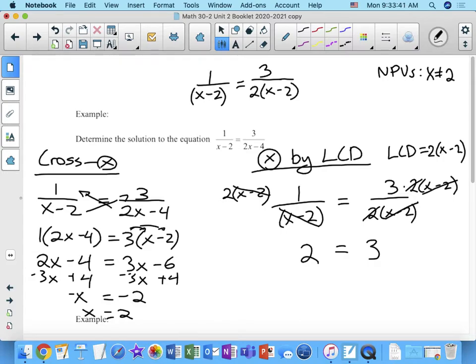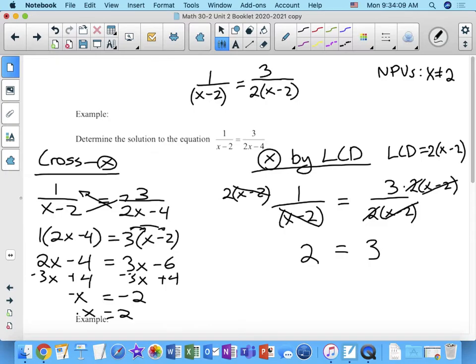Okay, so let's take a look at this. When I cross multiply, I get an answer of x equals 2. When I multiply by the LCD, I get this nonsensical thing that says 2 equals 3. What's going on here? Yeah, I stopped early when I cross multiplied.